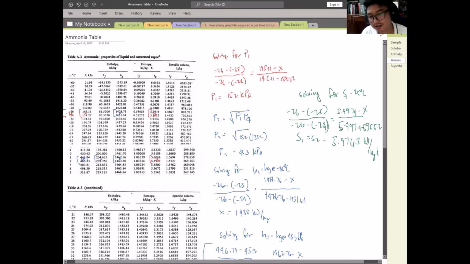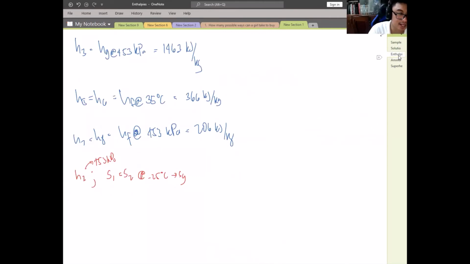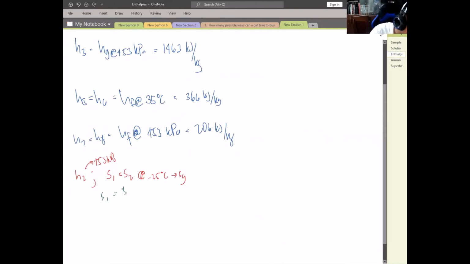Okay, let's plot this. Let's put S1 equal to 5.9763 kilojoule per kilogram Kelvin.